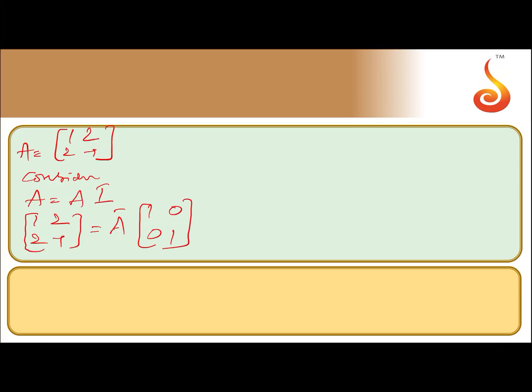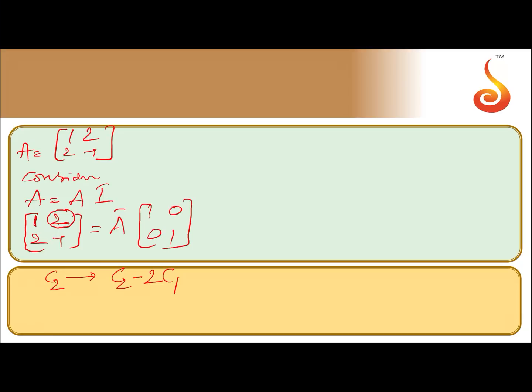And I have to make this one a unit matrix. So concentrate on that. Since you are applying column transformations, you have to carefully apply this concept here. With the help of the first column, make this element become 0. So you are supposed to change C2 to C2 minus 2 times C1.